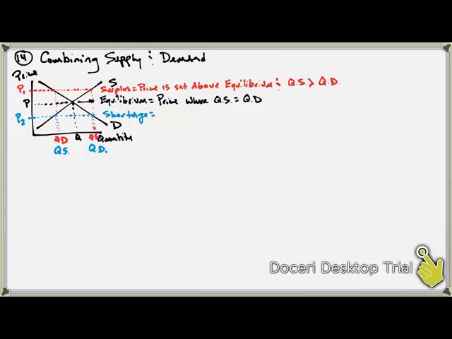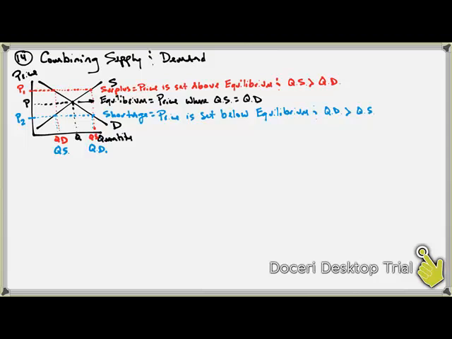And a shortage is equal to the scenario where price is set below equilibrium and quantity demanded is greater than quantity supplied. QD is greater than QS.